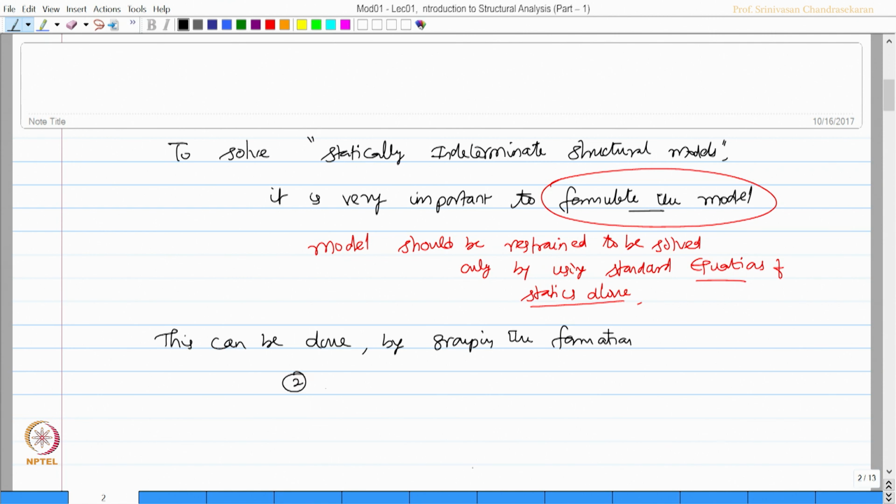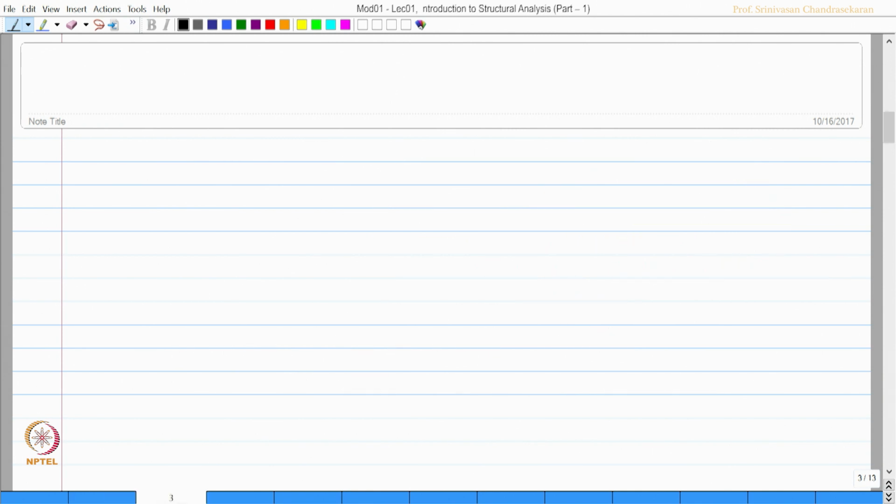There are again two methods available in the literature to group the models, namely flexibility method, stiffness method.